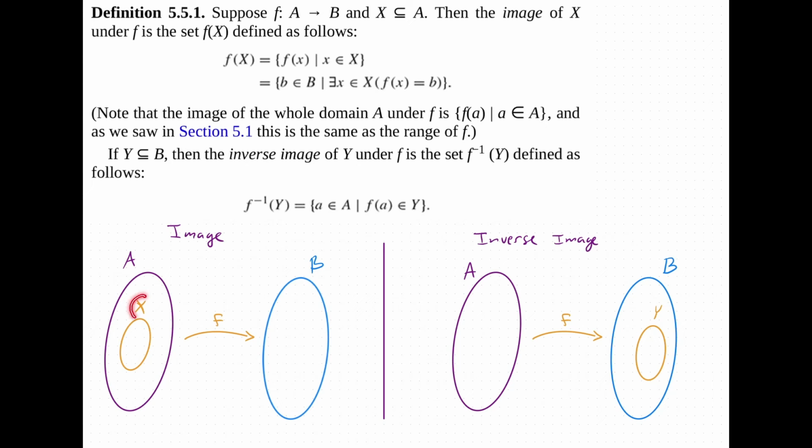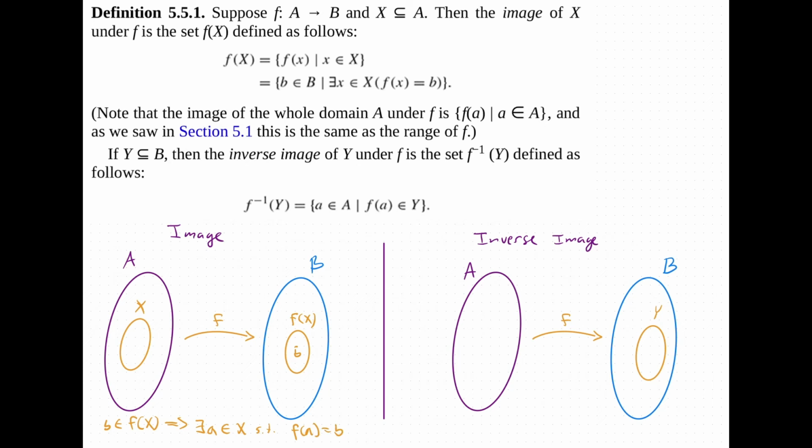Now we are looking at some subset X sitting inside the set A. When we consider the image, we're looking at how every element in X maps onto B. This gives us some subset of B, which we denote by f of capital X. By the definition, if we choose any element b inside this subset, then to be in f of X is to say that there is some element, let's call it lowercase a, in the set X, such that f of a is equal to b.